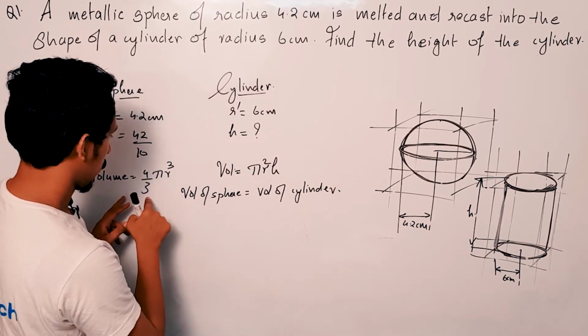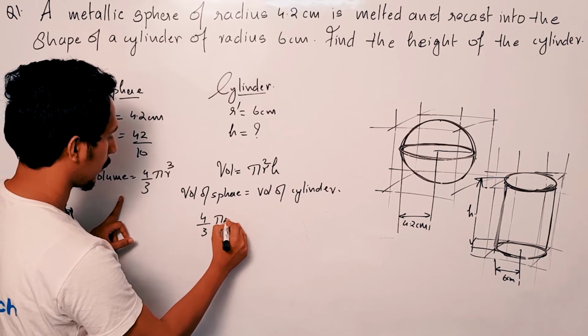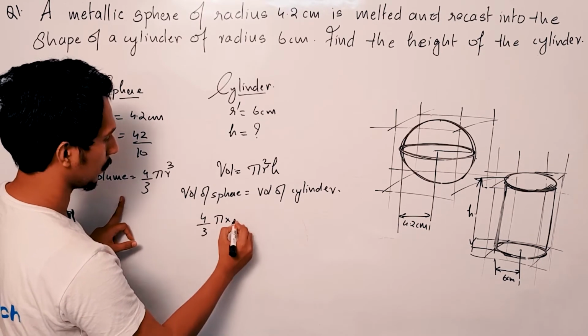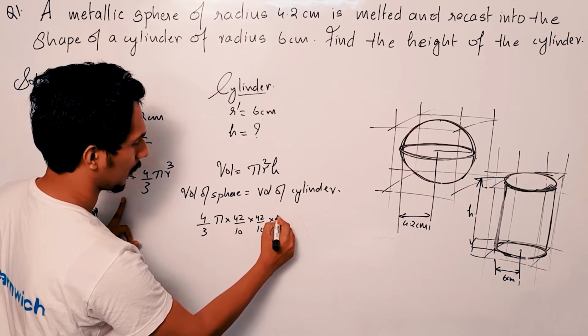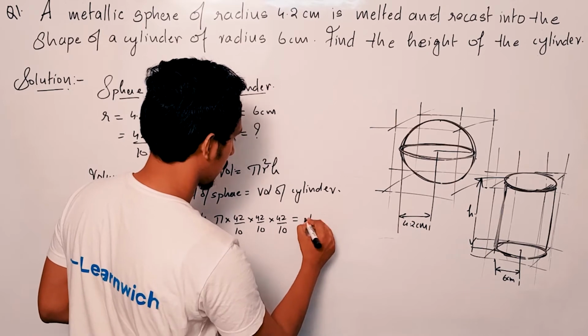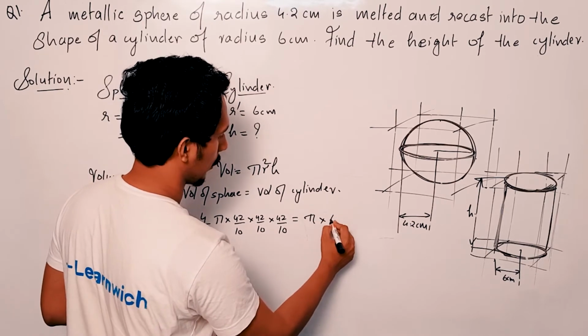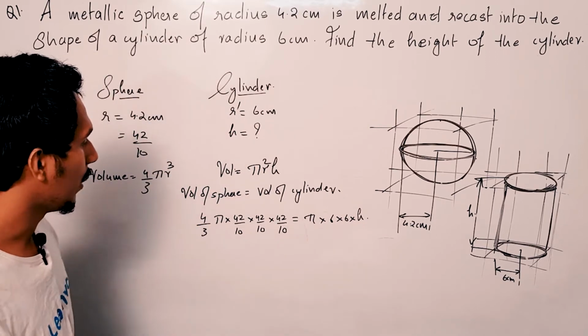So volume of sphere is 4 by 3 pi into r cube, that is 42 by 10 into 42 by 10 into 42 by 10, equal to volume of cylinder, that is pi into r square, that is 6 into 6 into h. Now I have to find out the value for h.